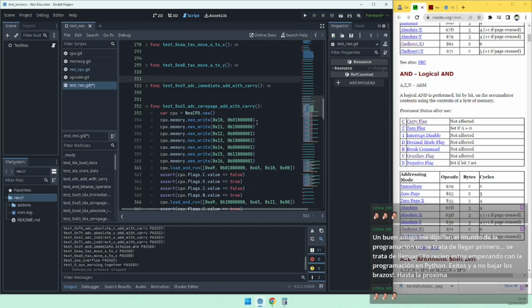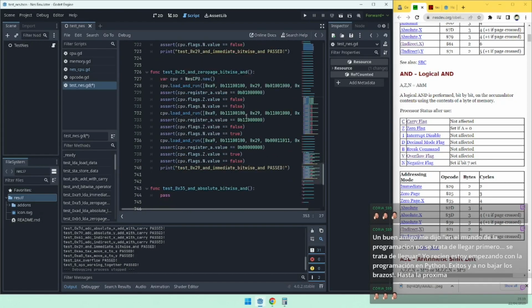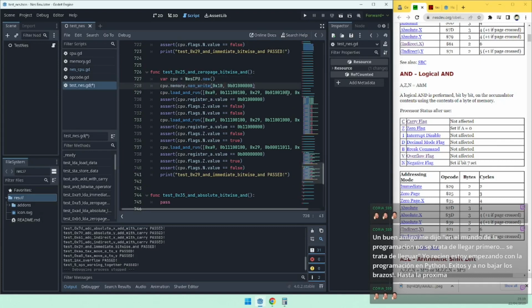So how do I write memory? This one. So what I am going to do is invert the order so I can always use this one.